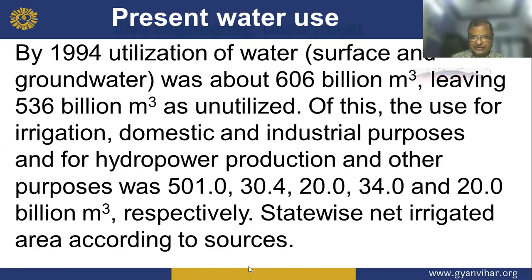The use for irrigation, domestic and industrial purposes, hydropower production and other purposes was 501.0, 30.4, 20.0, 34.0 and 20.0 billion cubic meter respectively, and statewide net irrigated area according to the sources.